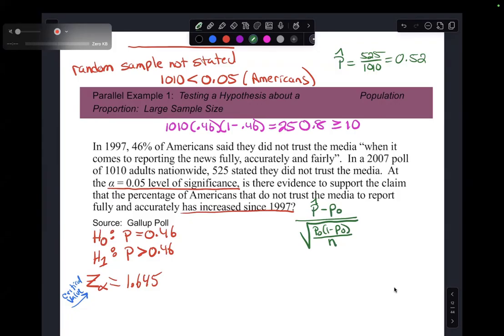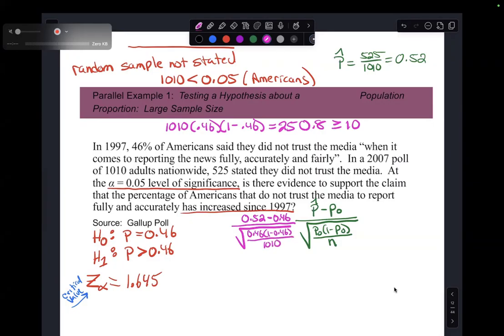Okay, if you're really careful, you can put this whole thing in your calculator at once. I'm going to put the numbers there. So my p hat is 0.52 minus 0.46 divided by the square root of 0.46 times 1 minus 0.46 divided by my sample size.